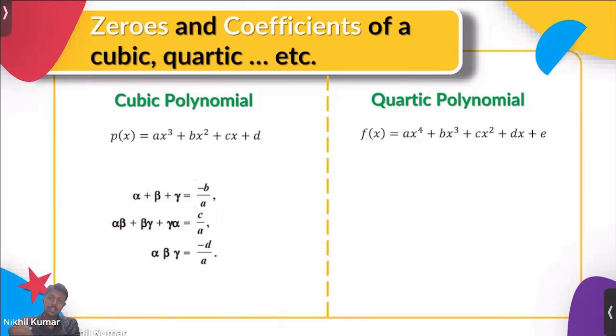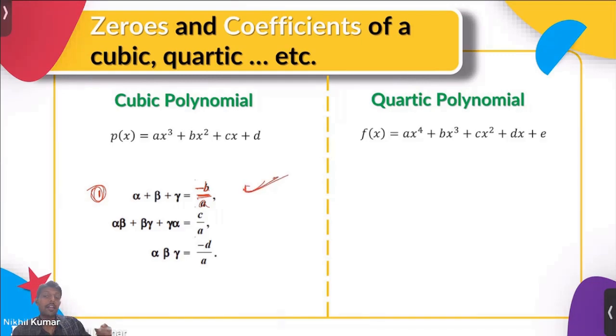Always remember this, the sum of roots, the first quantity you find, is always going to be minus b by a. Always. For quadratic, cubic, quartic, pentic, the sum of roots alpha plus beta plus gamma, because it has three zeros here, will always be minus b by a.